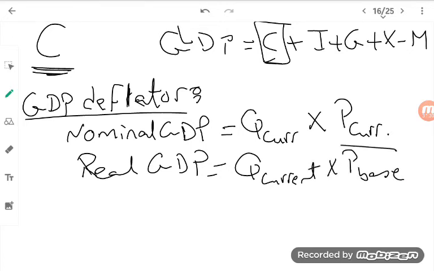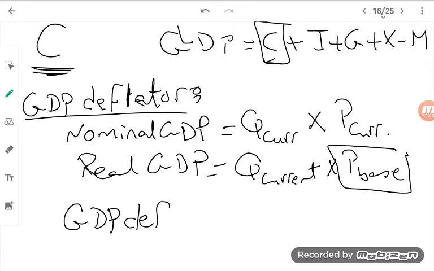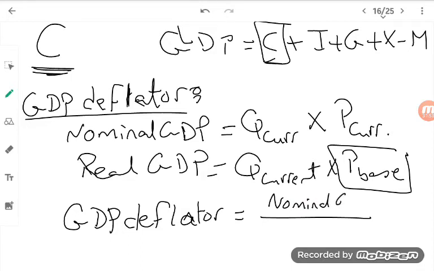So here we are going to keep the prices constant. GDP deflator will be calculated as nominal GDP divided by real GDP multiplied by 100.